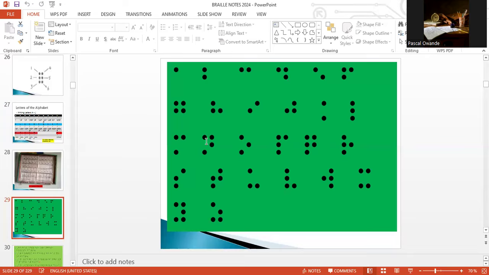Followed by letter N, dot 1, dot 3, dot 4, dot 5. Followed by letter O, dot 1, dot 3, dot 5. Followed by letter P, dot 1, dot 2, dot 3, dot 4.